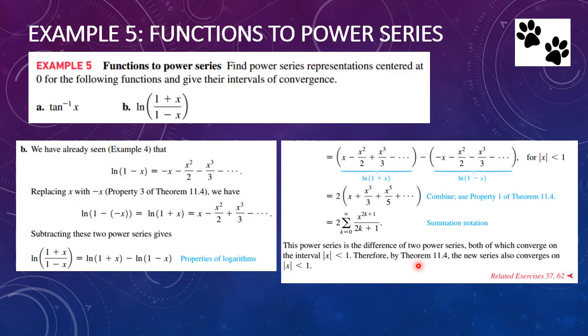So this power series is the difference of two power series, both of which converge on the interval where the absolute value of x is less than 1. Therefore, by theorem 11.4, the new series also converges on that same interval. Okay?